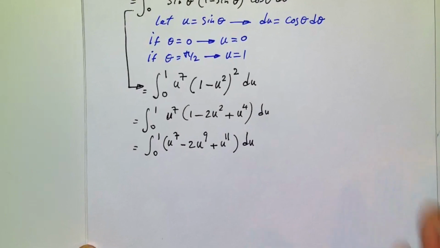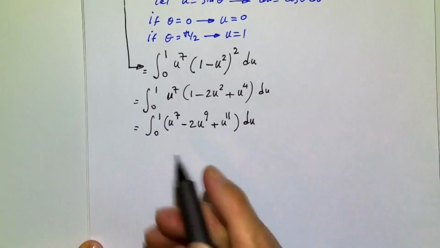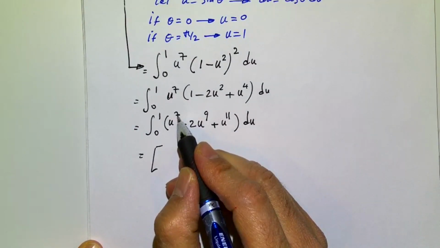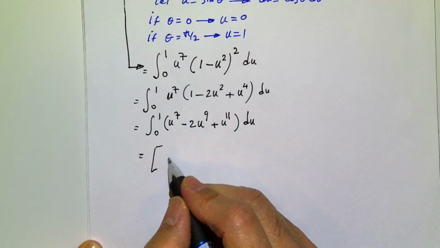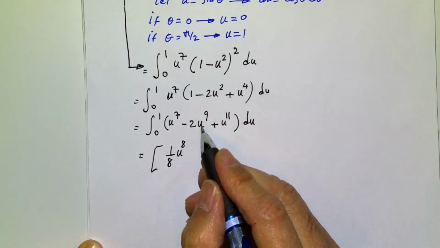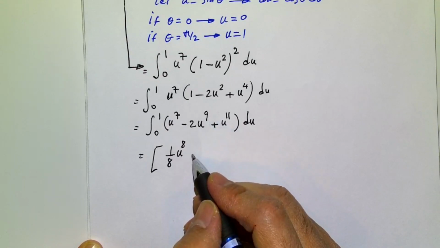All right, so now we can easily integrate this. For the first term, add 1 to the 7th power and divide by the new power 8, so we have 1 over 8 times u to the 8th. For this one, add 1 to 9, we get 10, divide by the new power 10.